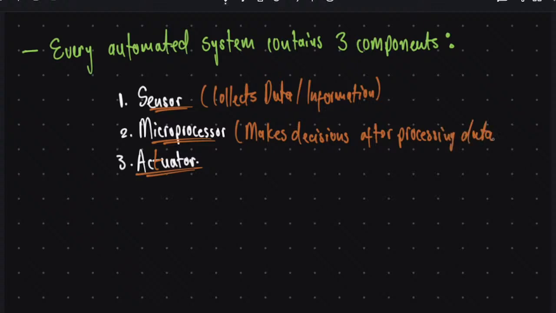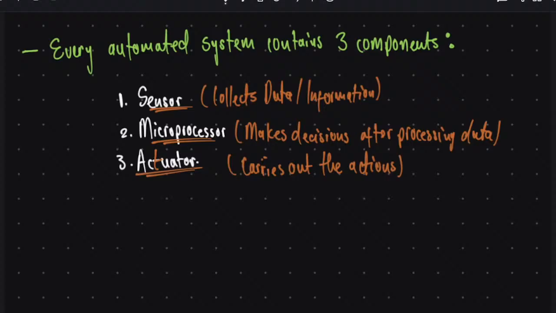Then the actuator carries out the action. It performs the tasks. It carries out the actions. That is what happens. Are we together? Yes, we're together.